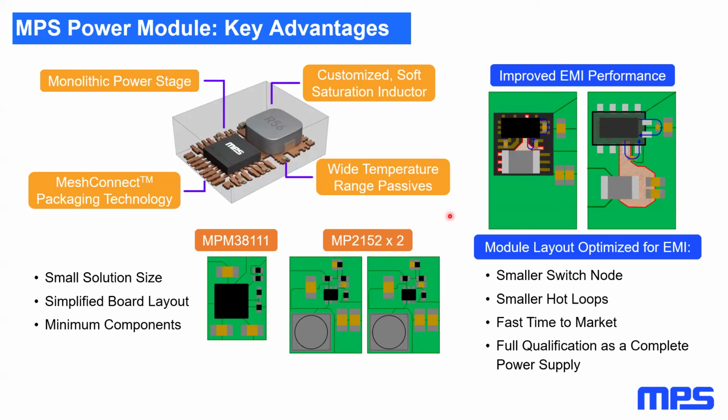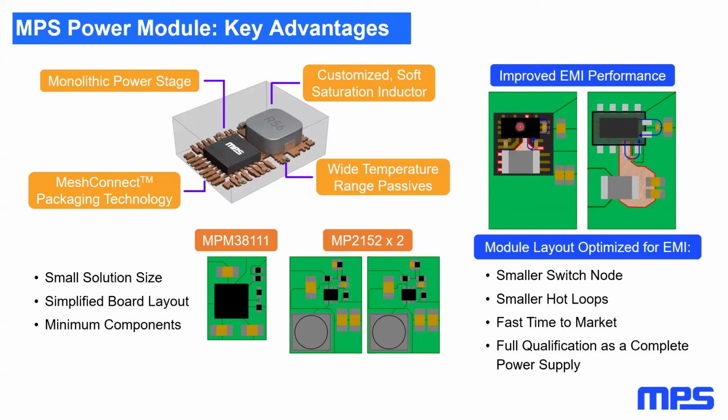And for those of you who work in applications that require a lot of emphasis on EMI, a couple of things to mention is that, for minimizing radiated noise from EMI, this very often comes from the switch node.